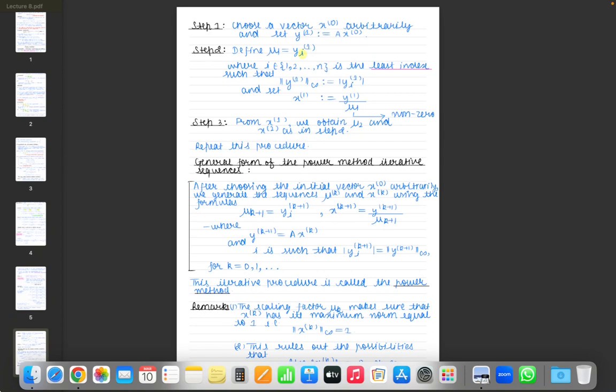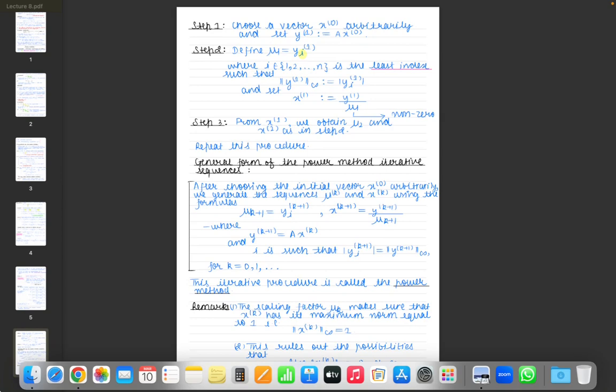Step 3. Now step 3 is to repeat this process again. From x1 now you obtain mu2 and x2 as in step 2. Now repeat this procedure.